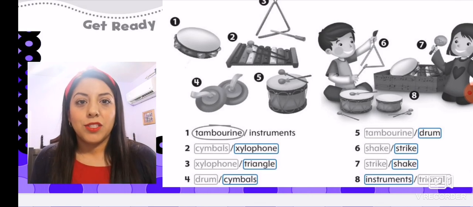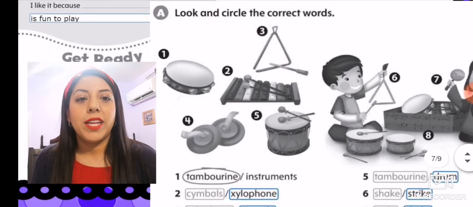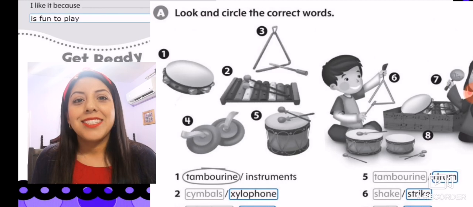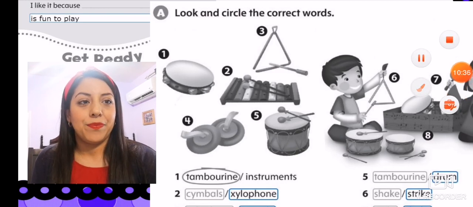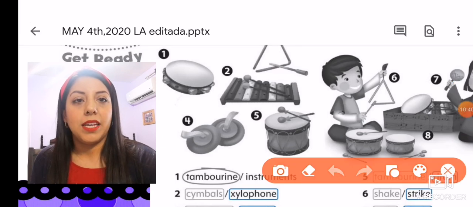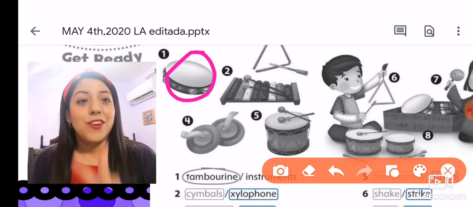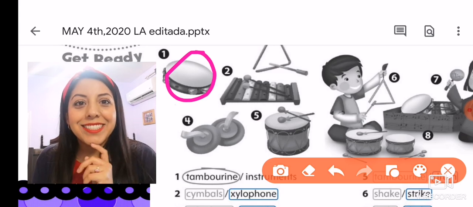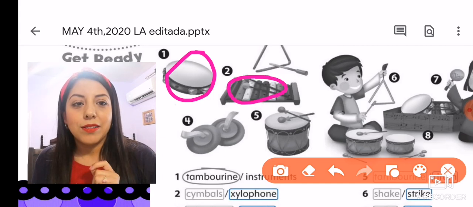Okay? So let's practice the words again. Number 1. What is the number 1? Tambourine. Yes, tambourine. Let me try to use this so you can see it. Number 1, tambourine. Number 2 are cymbals. Cymbals. I'm sorry, xylophone. Sorry, that's the xylophone.